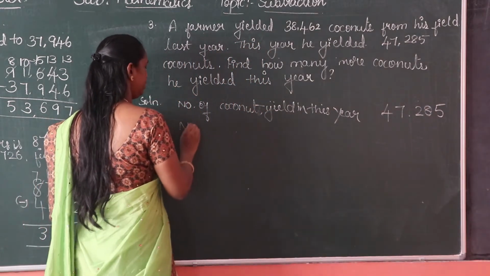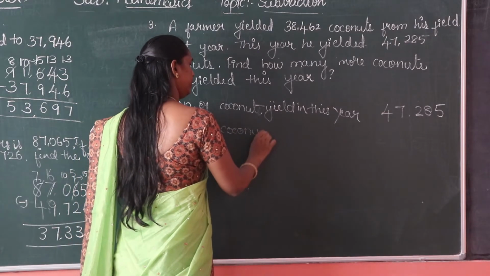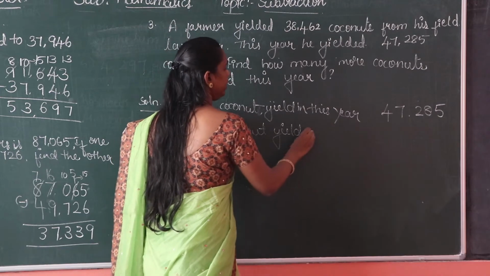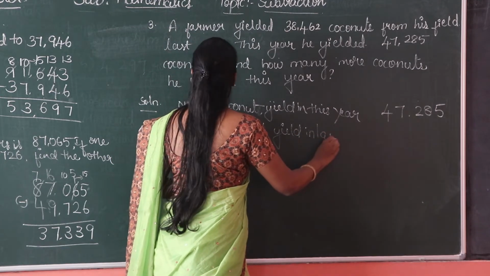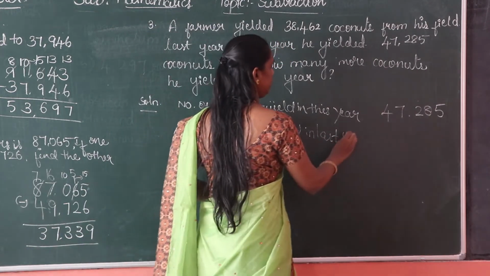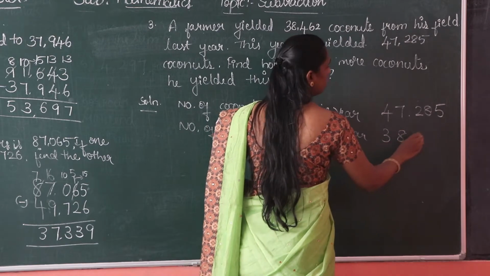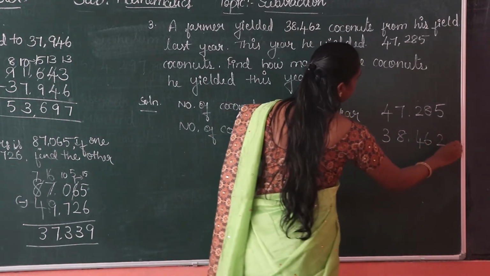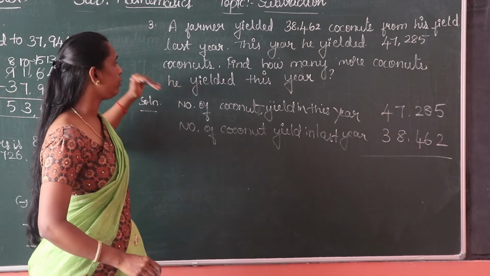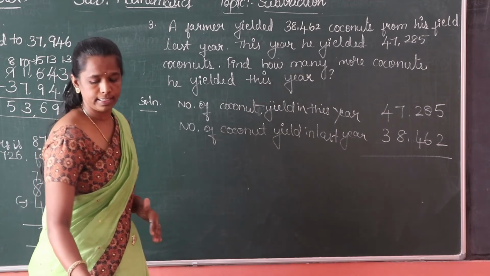Number of coconuts in last year is 38,462. So we have to find how many more coconuts he yielded in this year.